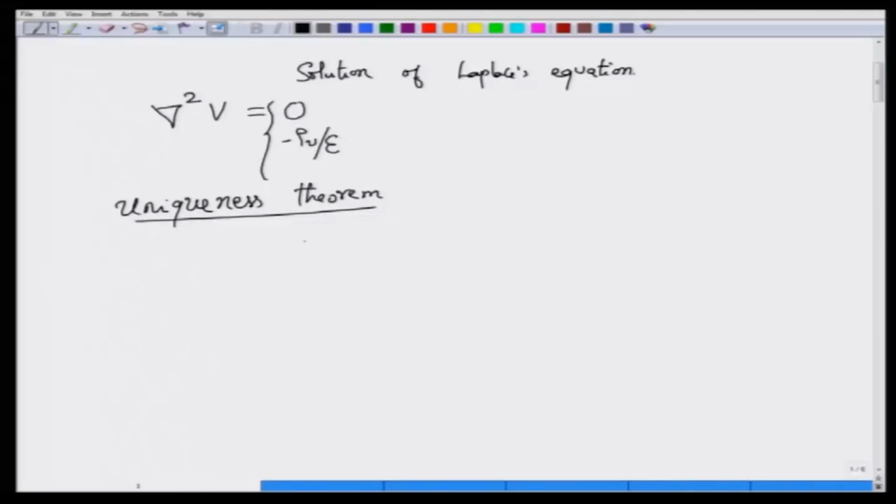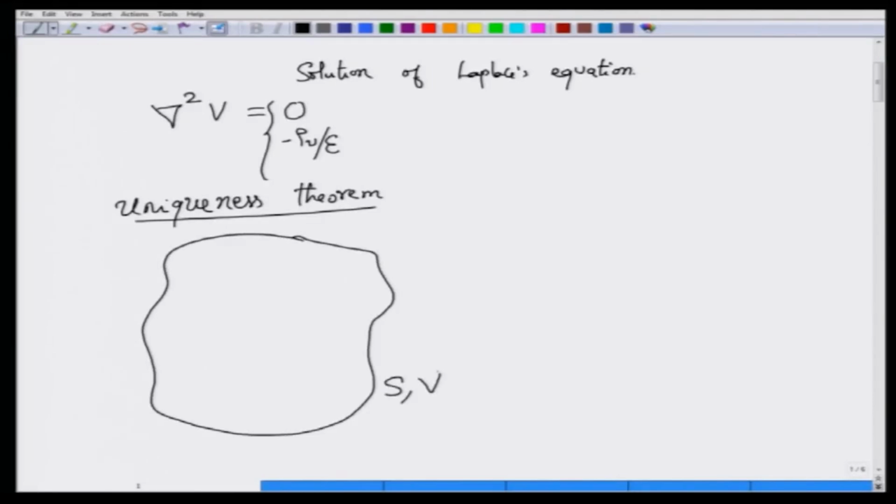So what is the uniqueness theorem? To develop that, consider first a surface S. This surface S also bounds, or encloses, a particular volume, and for the moment let us not put any sources inside. So we have no sources, no conductors inside. The second part of the theorem that we will be developing will actually have some conductors inside.